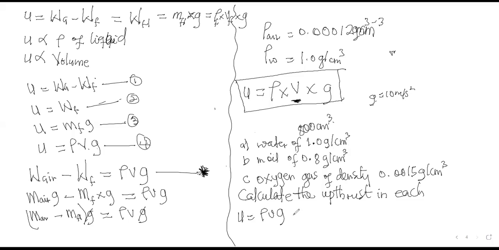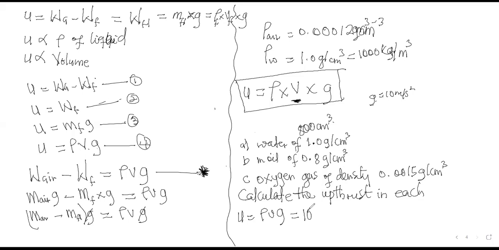Now, for the first question, water. The density of water is 1 gram per cm cube, which is also equal to 1,000 kilogram per meter cube.